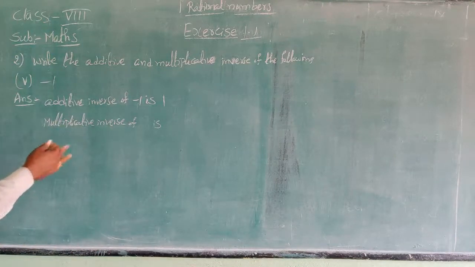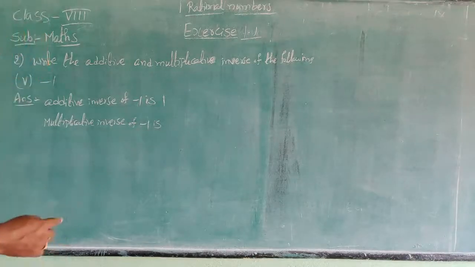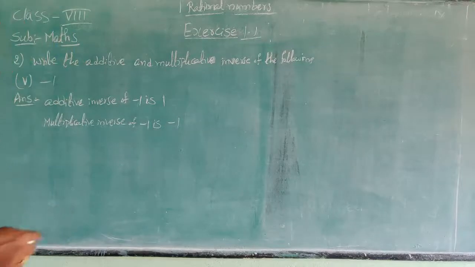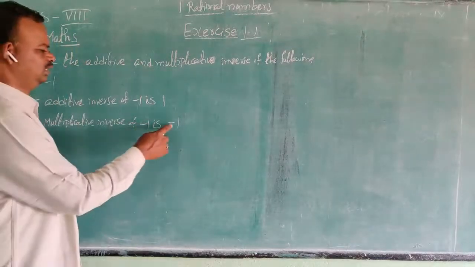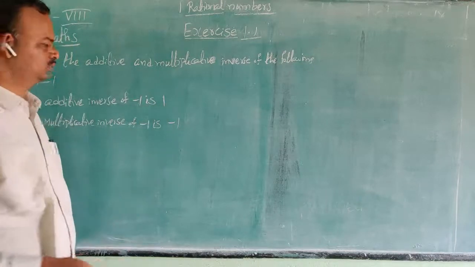Next one is the multiplicative inverse of minus 1, which is minus 1. Because minus into minus is plus, 1 ones are 1.